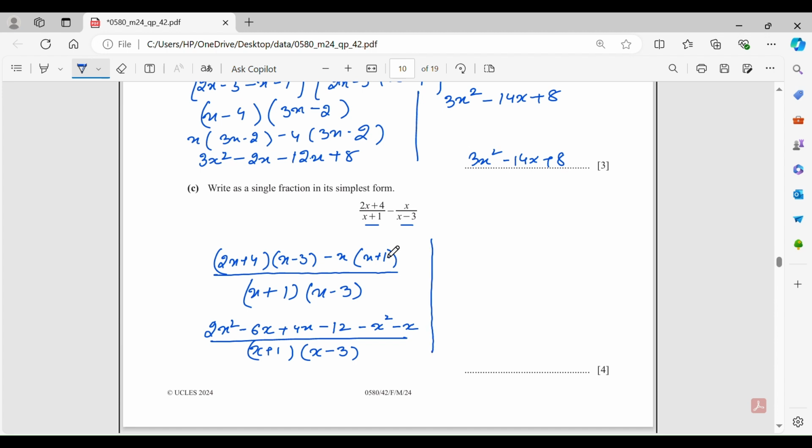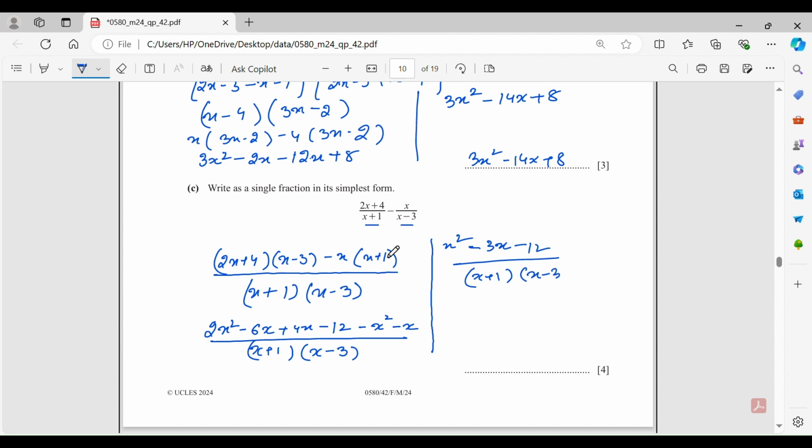2x square minus x square is x square, then minus 7x plus 4x is minus 3x, and the remaining is minus 12, over x plus 1 and x minus 3.